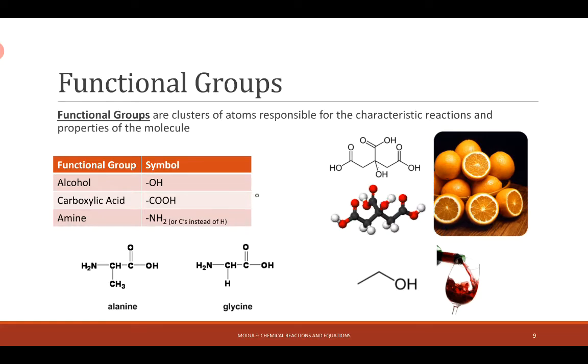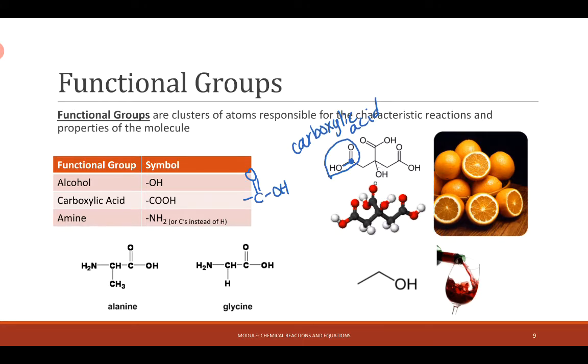And so carboxylic acids could also be drawn out so that they look like this. And so earlier I circled this feature of a molecule, and so this is a carboxylic acid. We know it's a carboxylic acid, not an alcohol, because this OH and this double bond O are bonded to the same carbon.